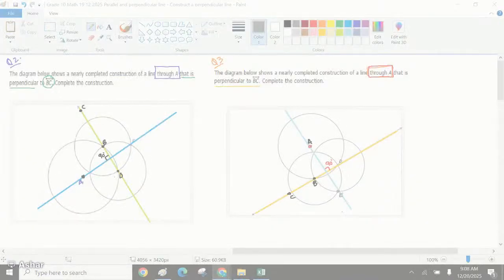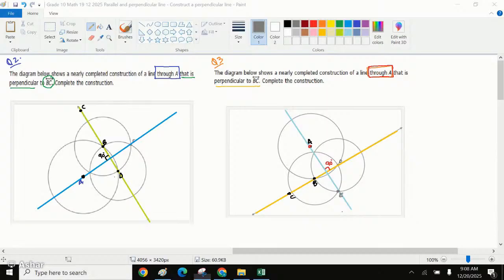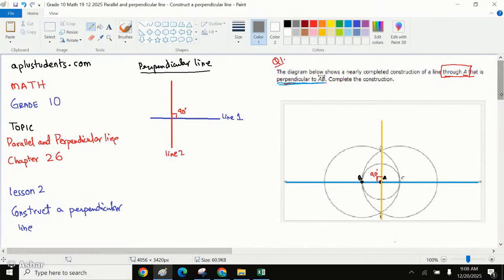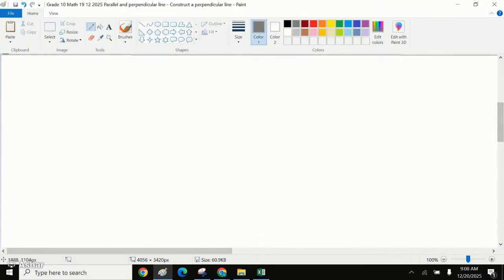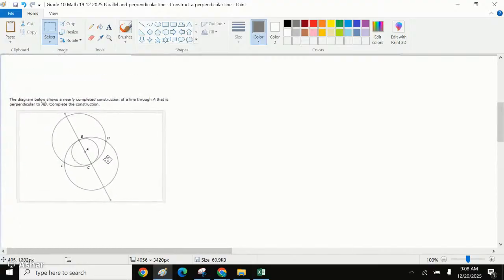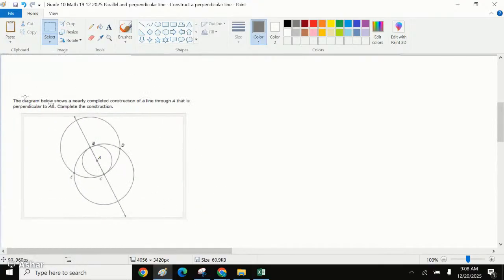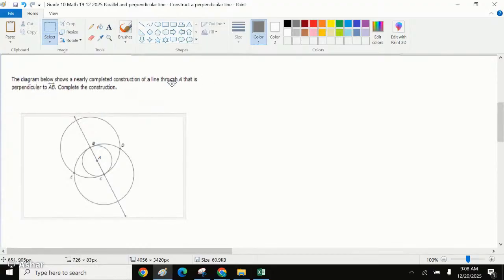The diagram shows a nearly completed construction passing through A. Again, passing through A. Let's try this with question number 4. Okay, question number 4 is here.